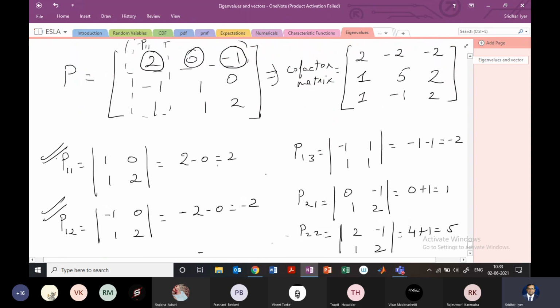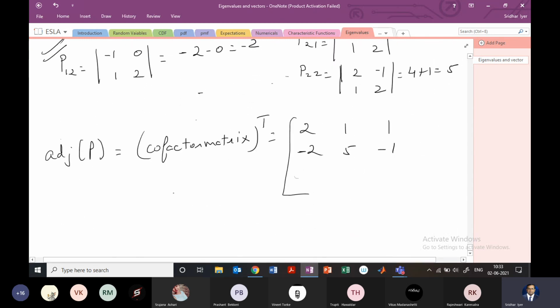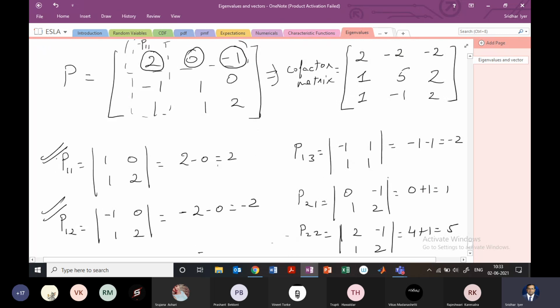And then the last column that we have is minus 2 2 and 2, right? So that will become minus 2 2 and 2.